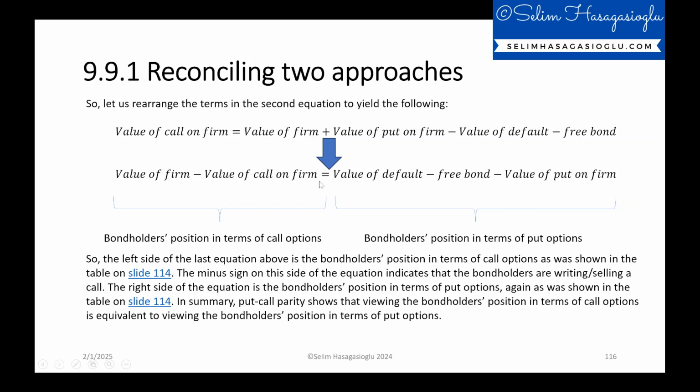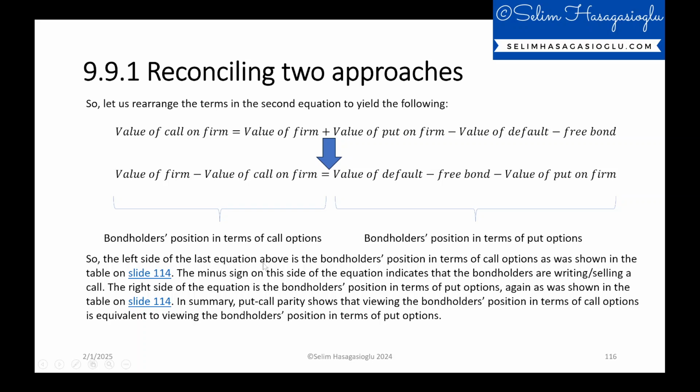So then when you arrange the terms, you will end up having this equation. Again, the left side represents the bondholder's position in terms of call options, and the right side represents the bondholder's position in terms of put options.